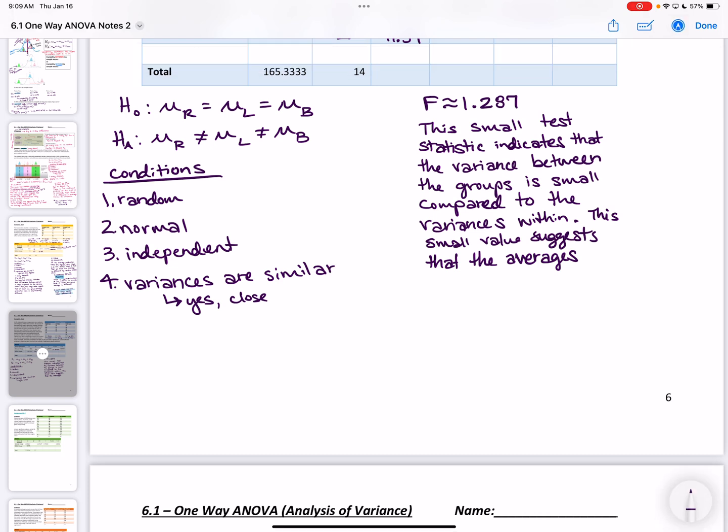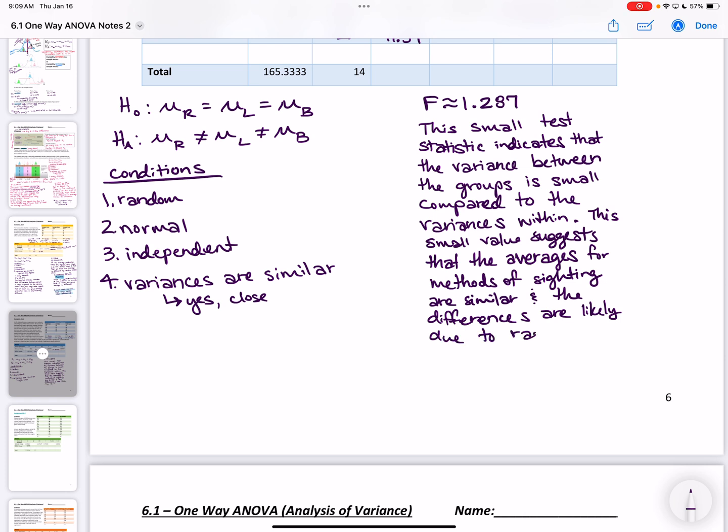That the averages for methods of sighting are similar and the differences are likely due to random chance. Very nicely done.